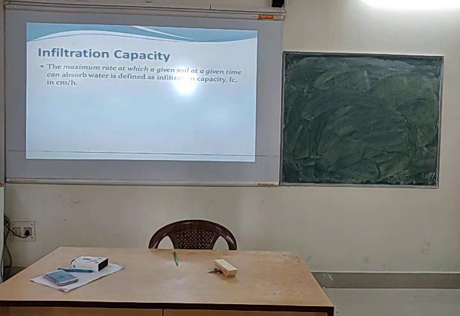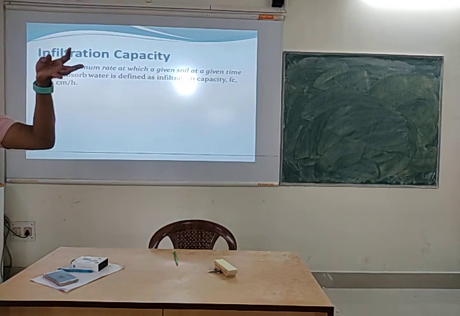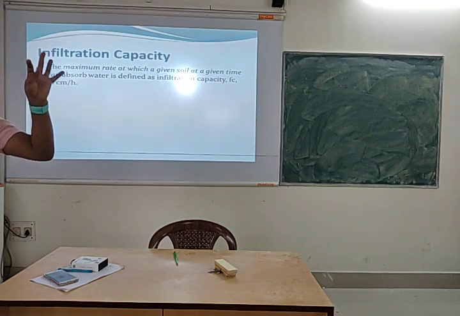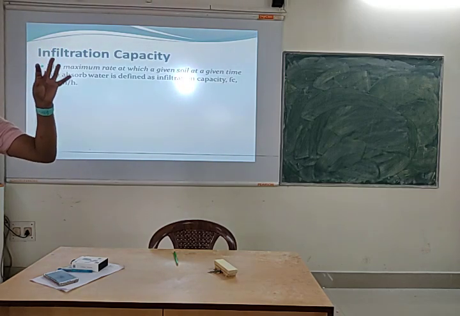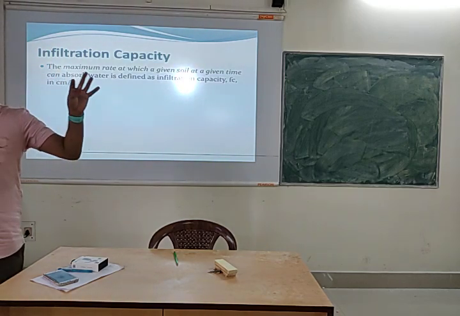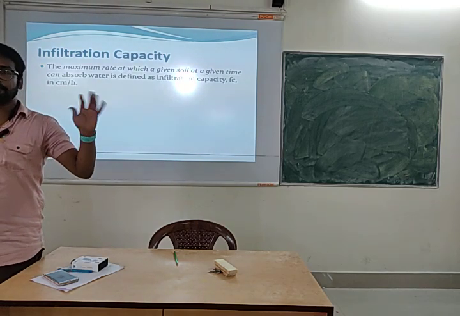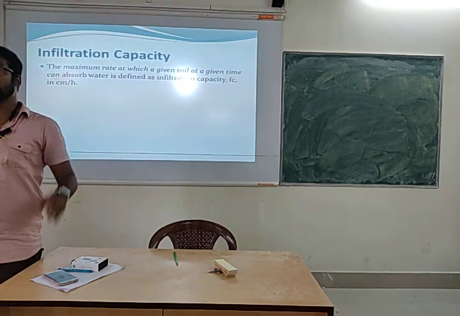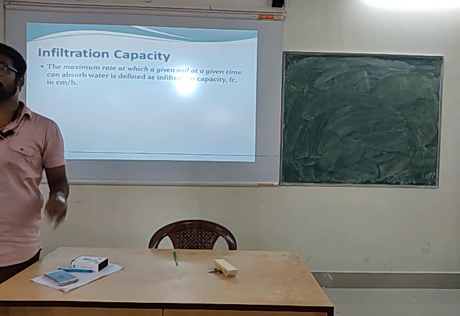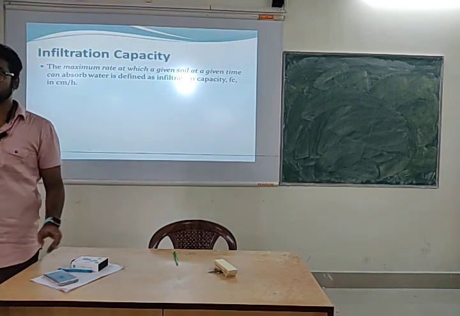Now can you find out the difference between the infiltration rate and infiltration capacity? Infiltration rate is the fact which is happening right now in your field. The maximum rate at which it can soak will be the infiltration capacity.